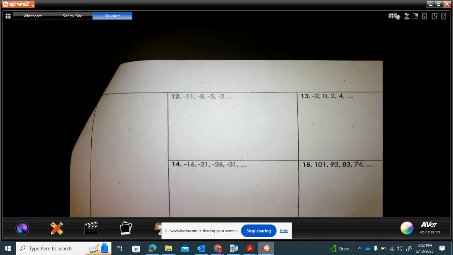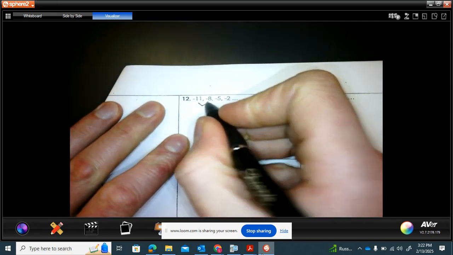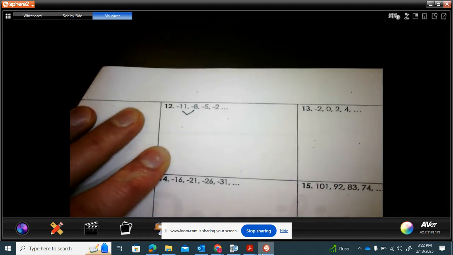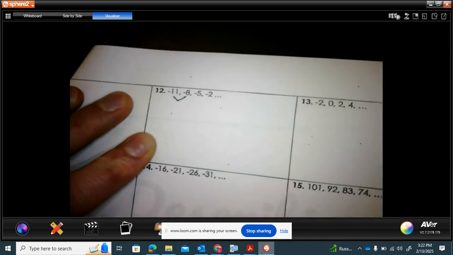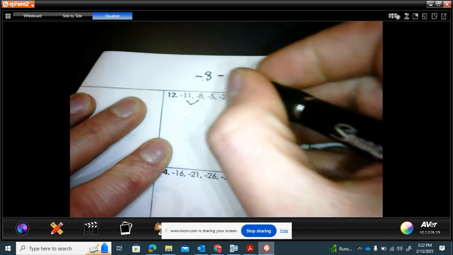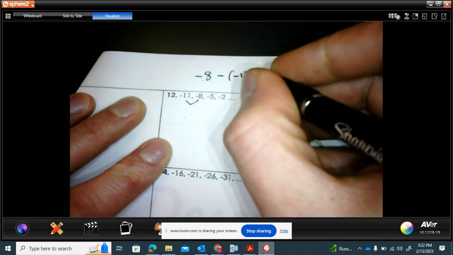So you got negative 11, negative 8, negative 5, and negative 2. So you have to figure out how you go from negative 11 to negative 8. If you can't figure that out, this one's a little bit more tricky, but here's what you do. You could always take your second term, which is negative 8, and subtract your first term.